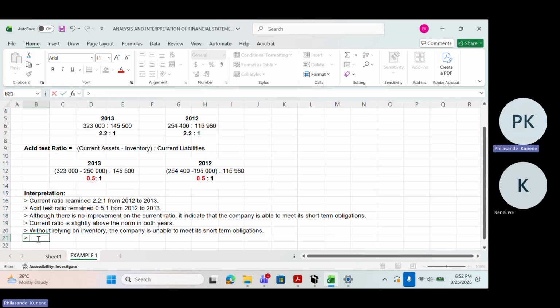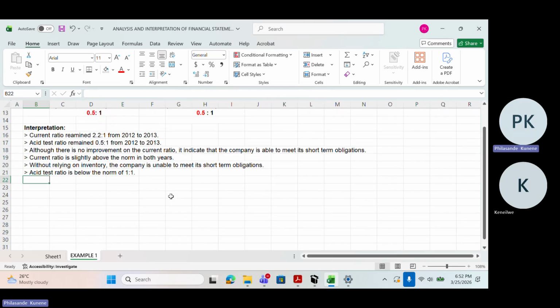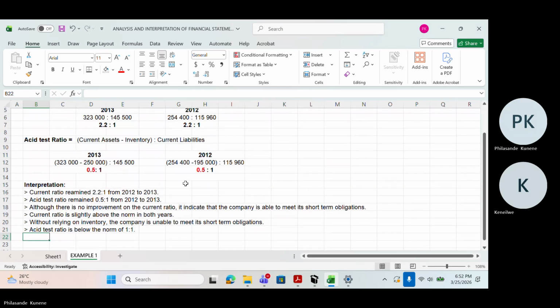Again, acid test ratio is below the norm of 1:1. It is below because we have 0.5:1 there.